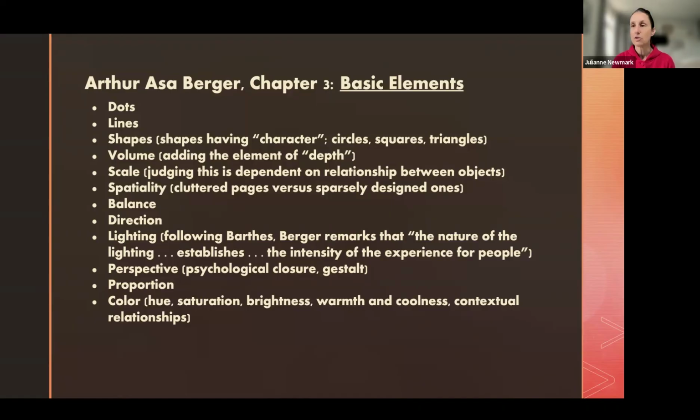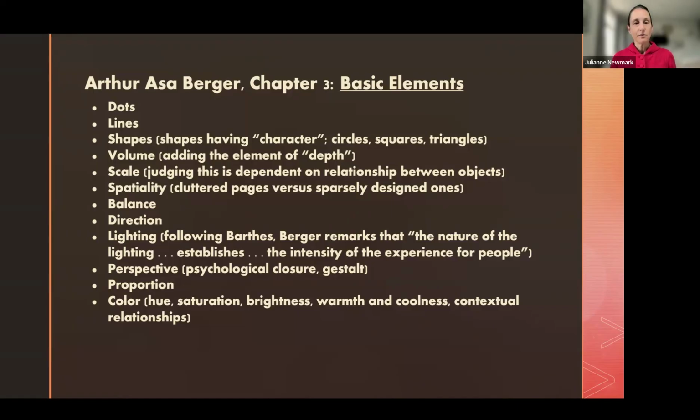So spatial decisions are made strategically in order to emphasize certain information on a page. Balance, direction, lighting. Following Barthes, Berger remarks that the nature of the lighting establishes the intensity of the experience for people. Then perspective, psychological closure, gestalt, proportion, color, which includes hues, saturation, brightness, warmth and coolness, and contextual relationships.